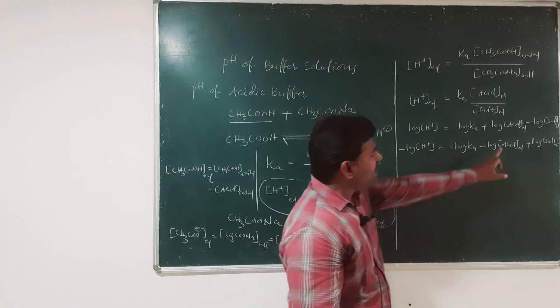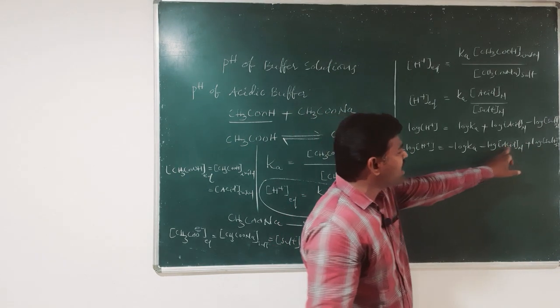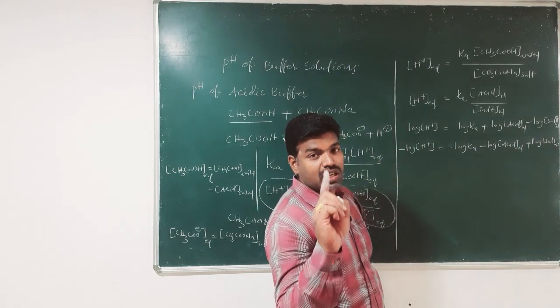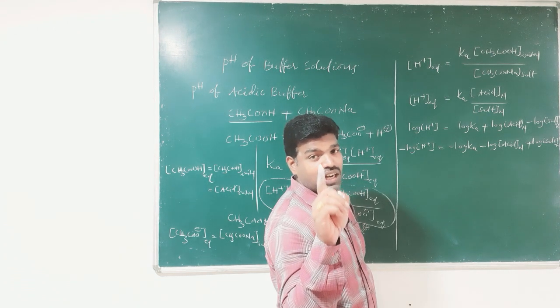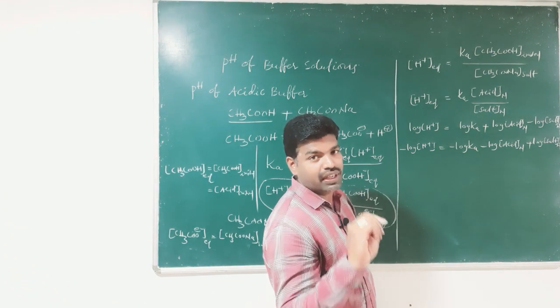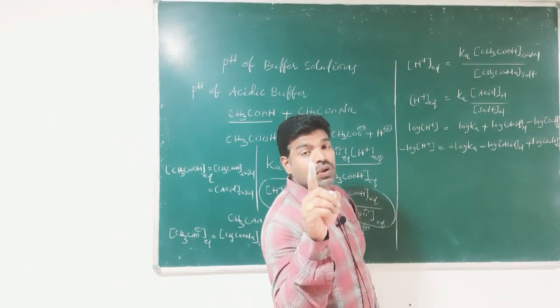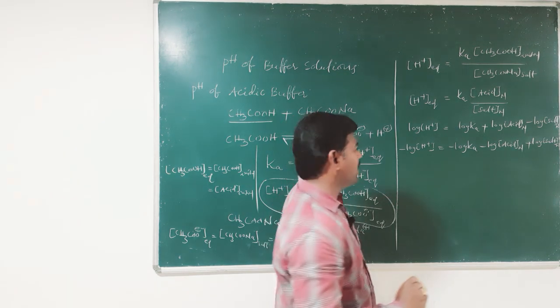The concentrations of acid and salt should be expressed in normality, because in pH calculations we should express the concentrations in normalities only. Right?